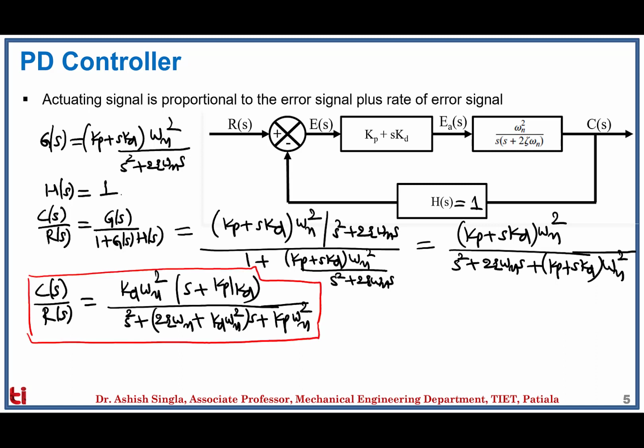So this expression is called the transfer function of the closed loop control system using the PD controller.